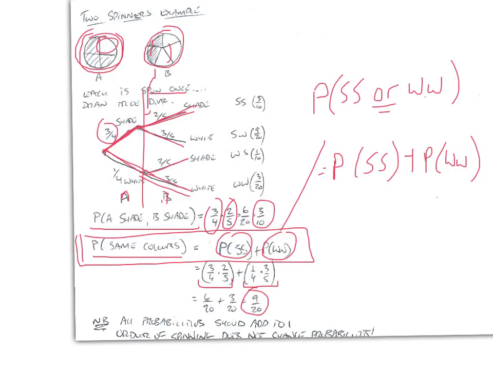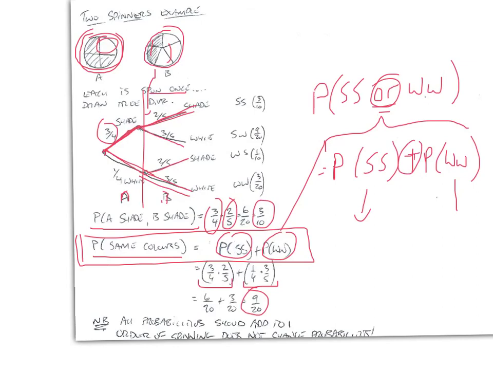And then beneath that, the probability of a shade and a shade is found using the multiplication or AND rule, and the white and a white is found using the multiplication or AND rule. But together, to find one or the other, we use the addition rule.